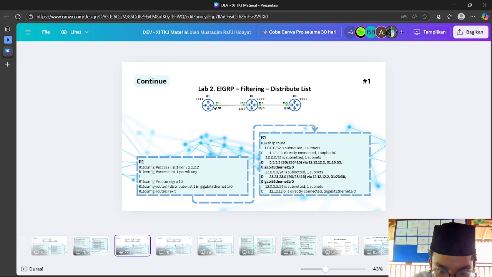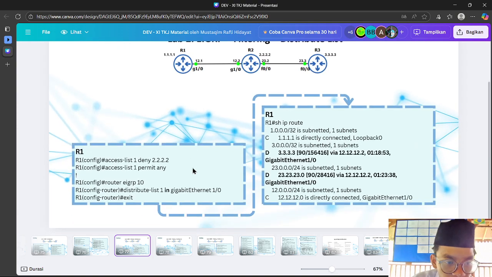Okay. The next is EIGRP filtering with distribute list. We continue with the lab before. The first configuration in router 1, we write access-list 1. The name of the group is access-list 1, and then deny 2.2.2.2, the meaning is to block network 2.2.2.2.